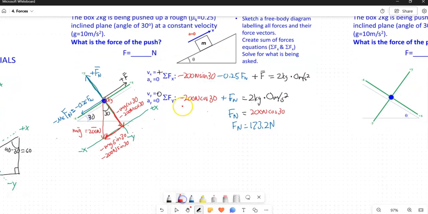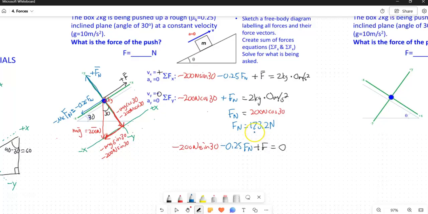Now, I'm going to copy this exactly as it appears here. So that's going to be negative 200 newtons sine of 30 degrees minus 0.25 times normal force plus F, and that's going to just be equal to 0, right?